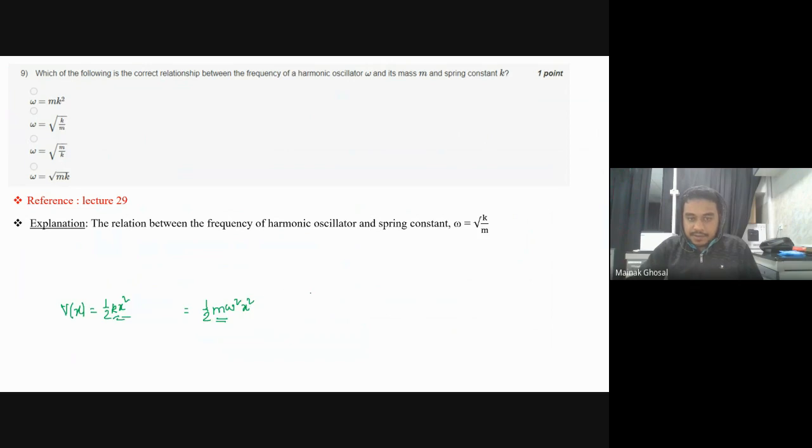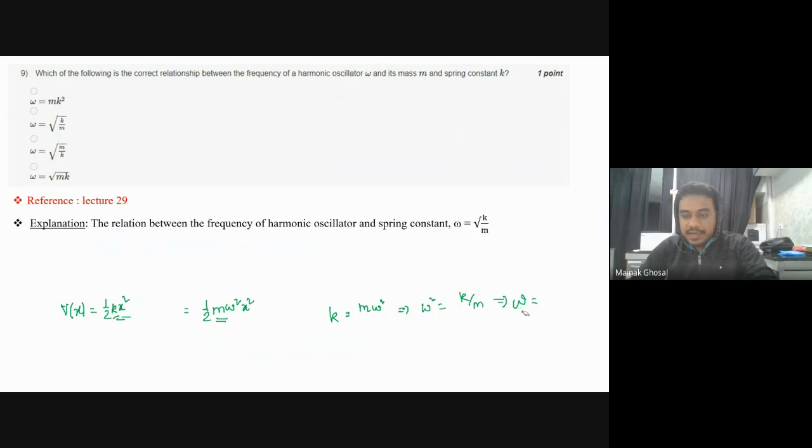This is the force constant. So from there you know that this force constant k is related to m omega square. Now you can rearrange it, that is omega square, I can write as nothing but k by m. So your omega will be root over k by m.